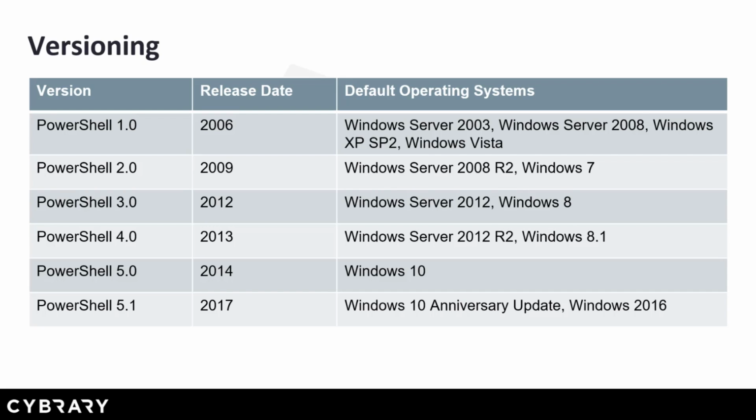Another year later, in 2013, we had 4.0, which gave us Server 2012 R2 and Windows 8.1. In 2014, 5.0 came out and allowed us to work with Windows 10. Then in 2017, 5.1 came out, and this allowed us to work with Windows 10 Anniversary Update, Server 2016, and other new iterations of Microsoft products.